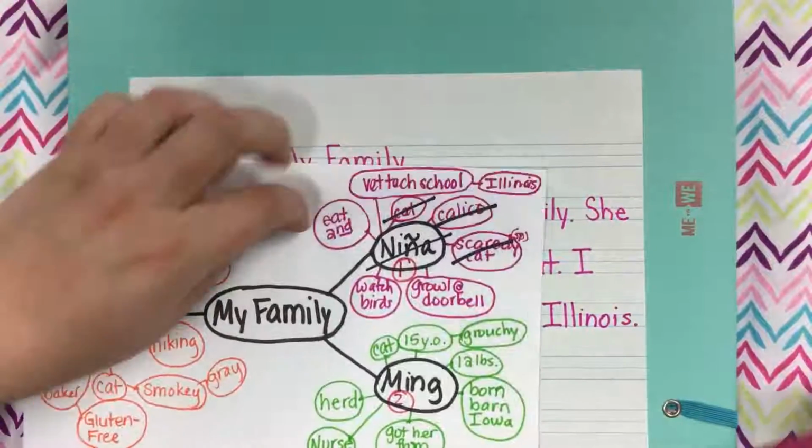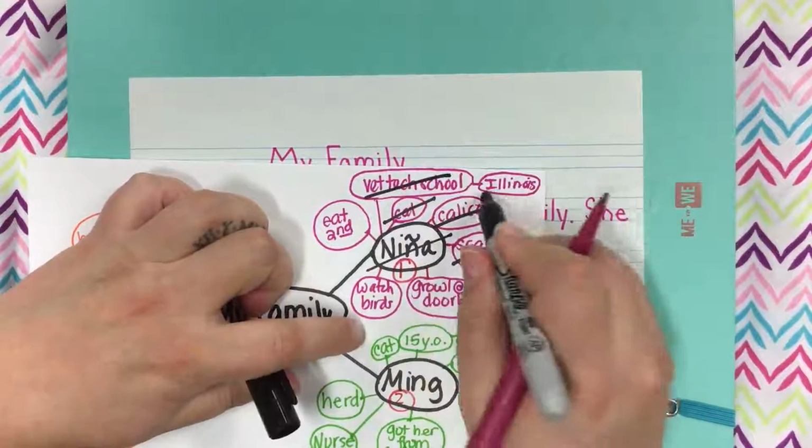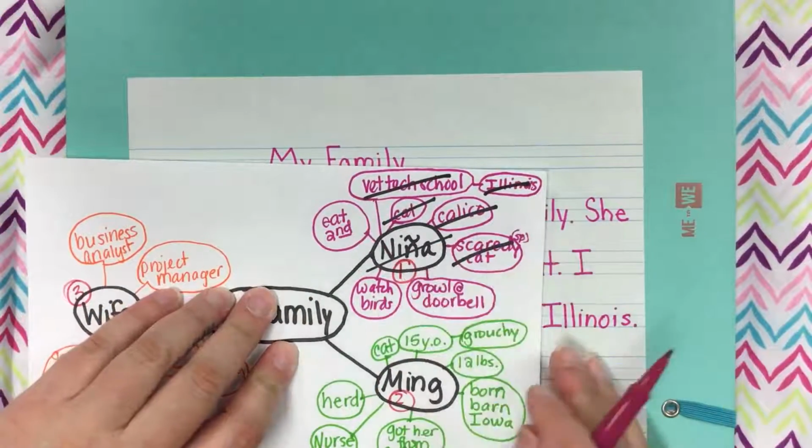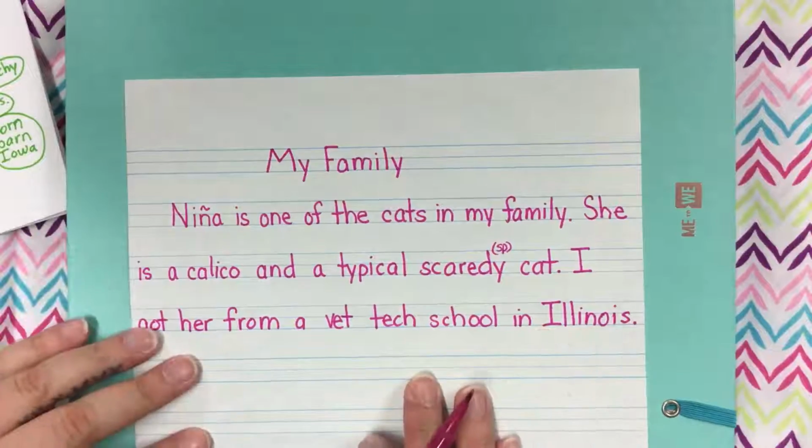So let's see what we can cross off there. Vet tech school, Illinois. So I now have growling at doorbell, watching birds, and she eats second. So that's where I can kind of scooch up just a little bit.